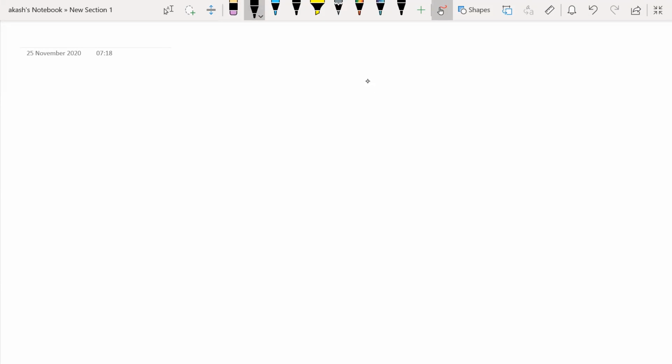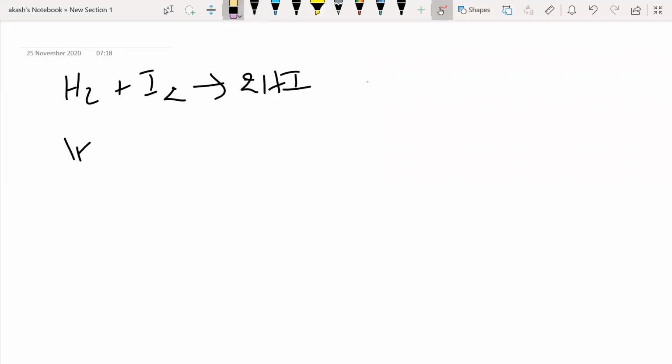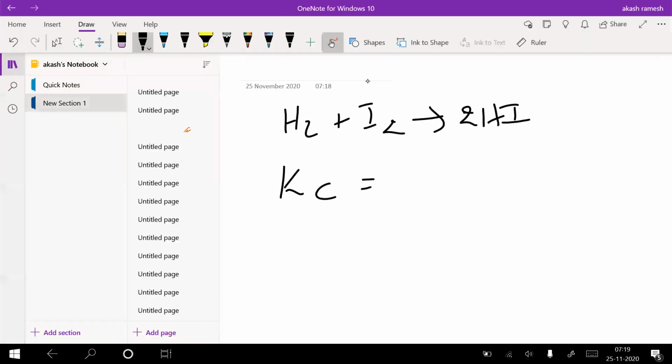I write H2 plus I2 giving 2HI. So maybe Kc or Kp, doesn't matter. You can take anything, just that it is going to be partial pressures or concentrations. It's Kc here.